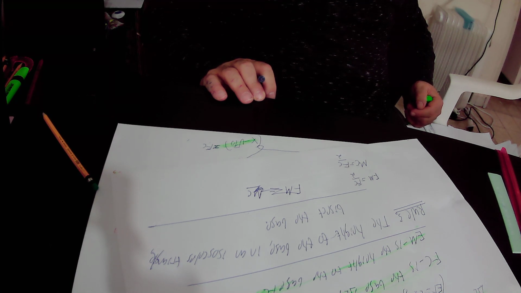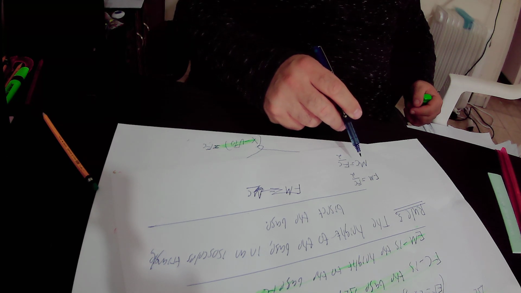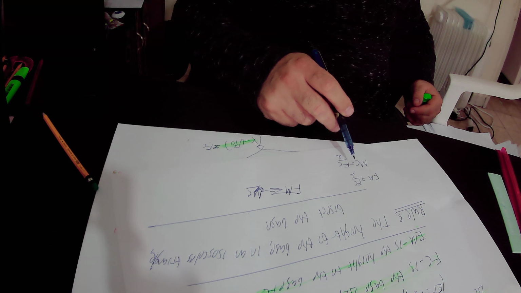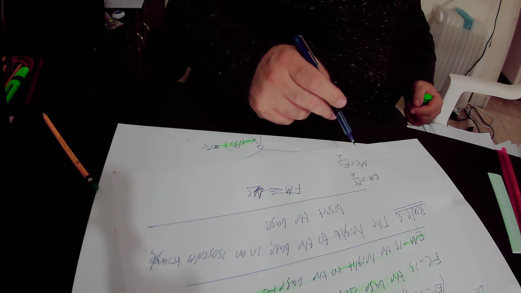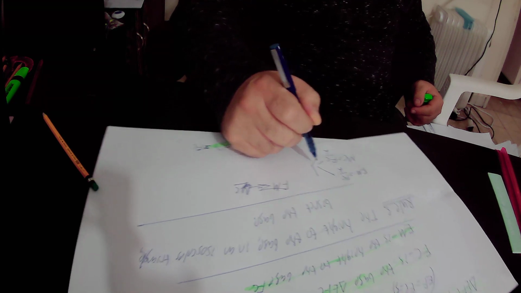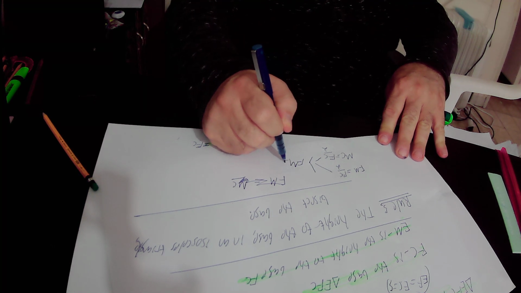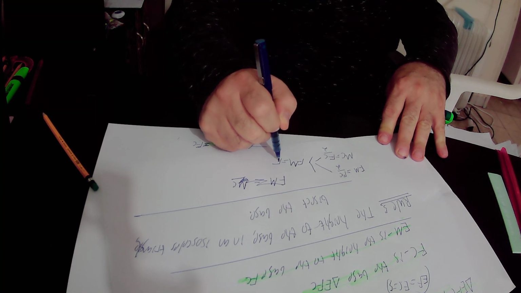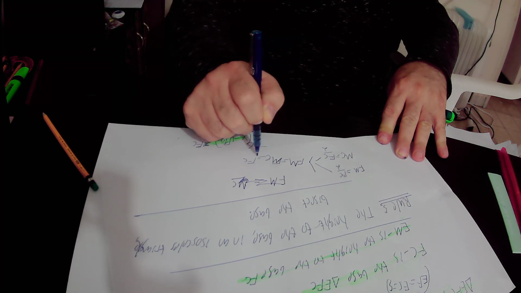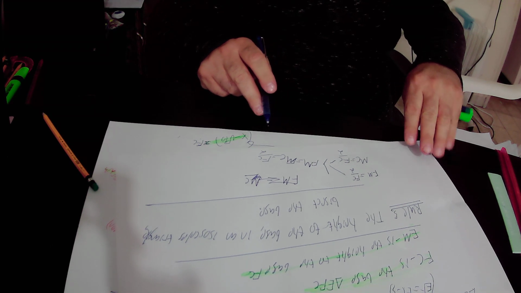That is to say, from those 2 equations, FM equals FC over 2 and MC equals FC over 2, we derive that FM equals MC equals FC over 2.